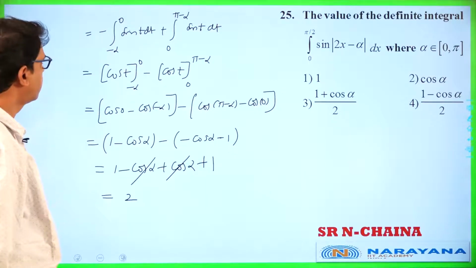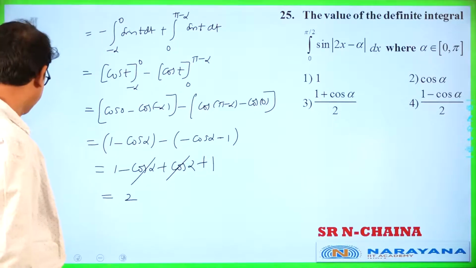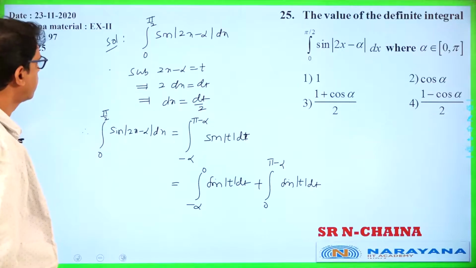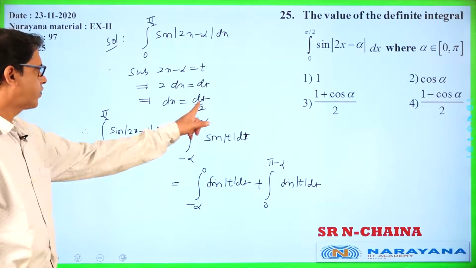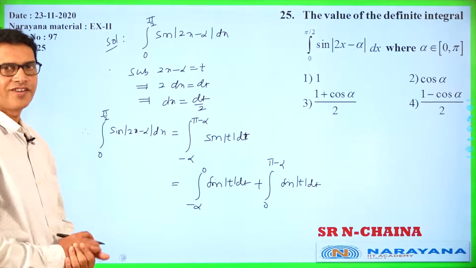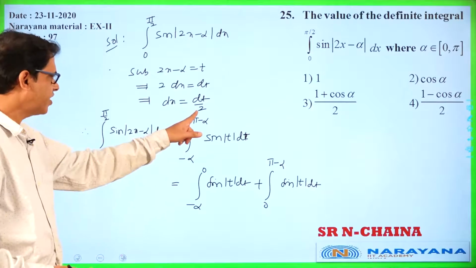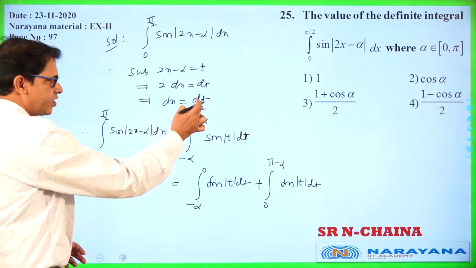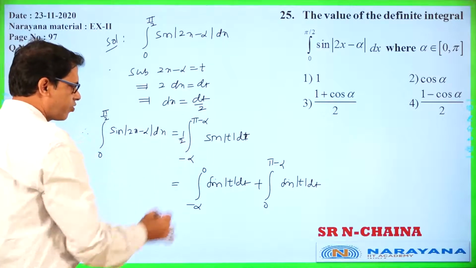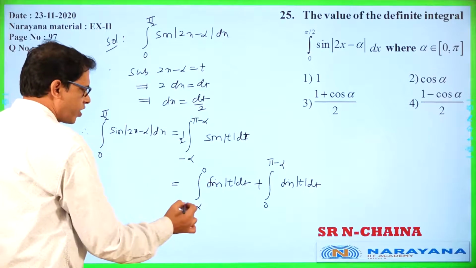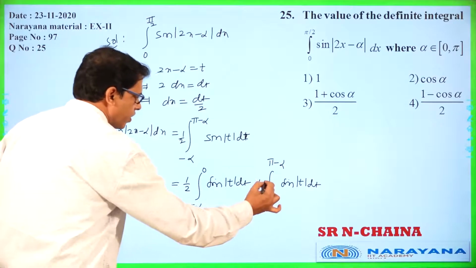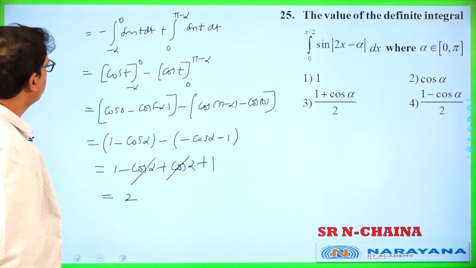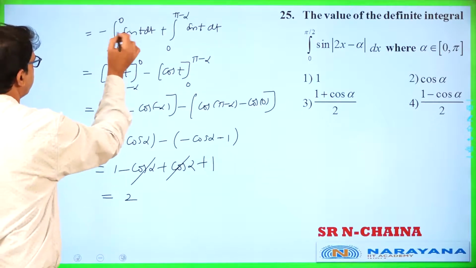Let us check, is it 2 or 1? Here, okay, so dx value is what? dt by 2, we are missing a half, am I right? Sorry, so here in the place of dx, dt by 2, write 1 by 2 here and carry it everywhere, so everywhere write half.